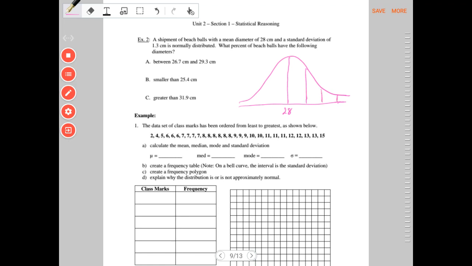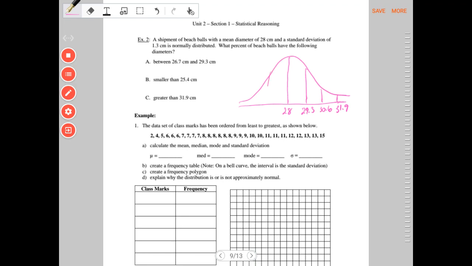To get to this bar is my mean plus 1 standard deviation, so 28 plus 1.3 makes 29.3. If we add 1.3 to that, we get 30.6, and adding 1.3 again gives 31.9.